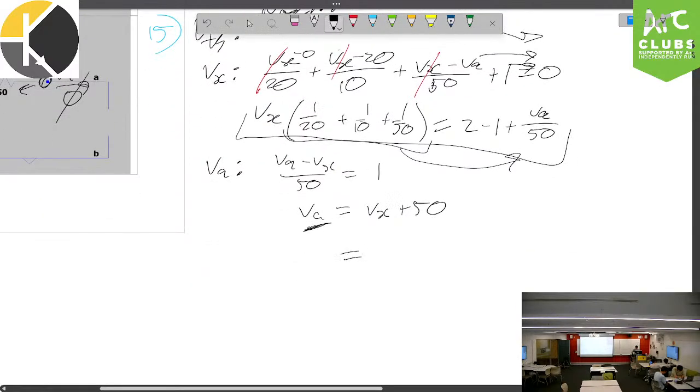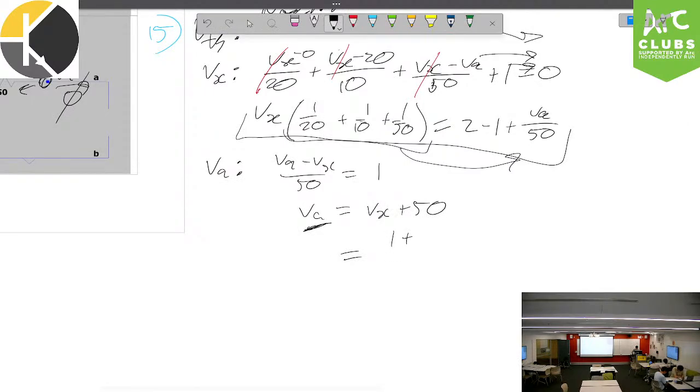So VA is going to be equal to 1 plus VA on 50, all divided by 1 on 20 plus 1 on 10 plus 1 on 50, which looks a bit like an equivalent resistance. That might or might not be a spoiler. Plus 50. Alright? So VA is Thevenin.